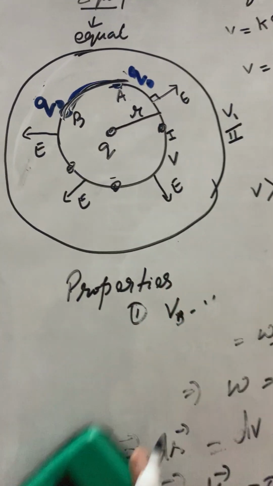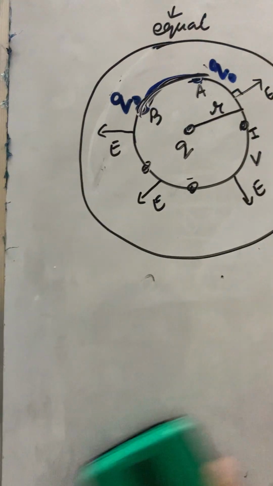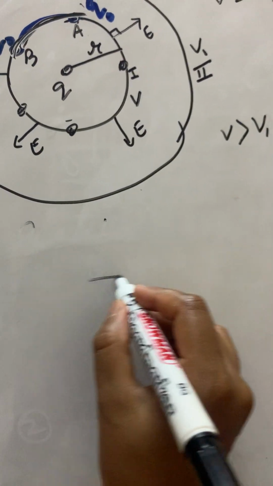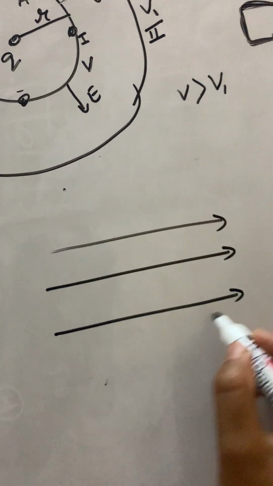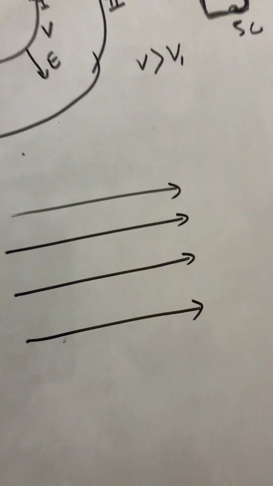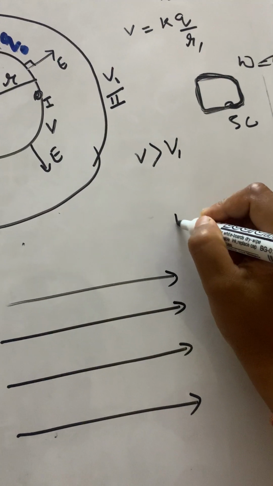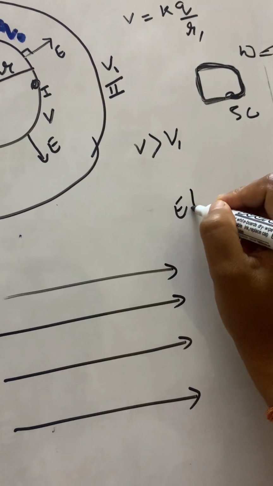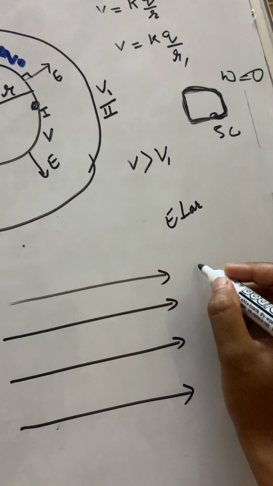Okay, so if you know this, let's say this is a uniform field. Now what should the equipotential surface be? We have seen the electric field must be perpendicular to the surface.